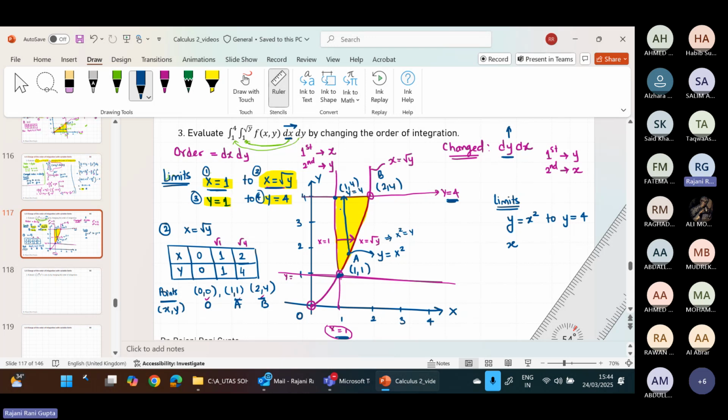Now, when we talk about the limits for x, what will happen? x is varying from where to where. So you have to look for the straight line. At this point, what is the value of x? 1. At this point, what is the value of x? 2. So x varies from 1 to x equal to 2.